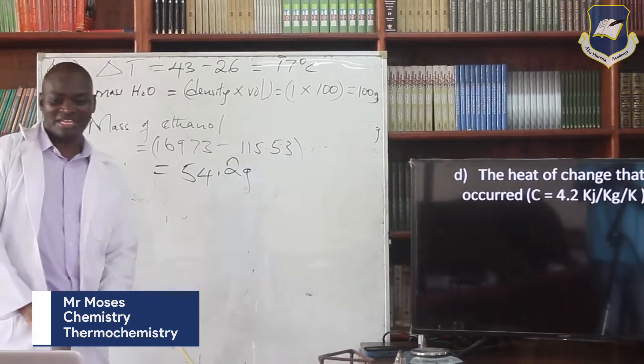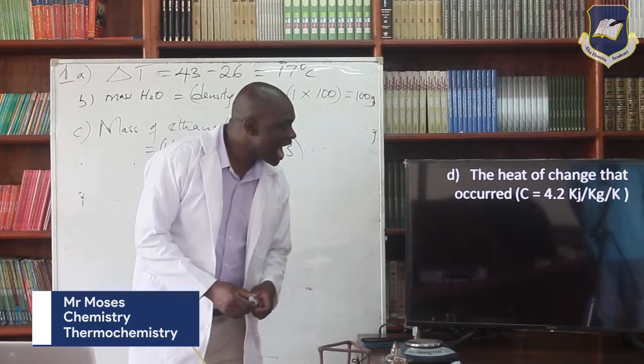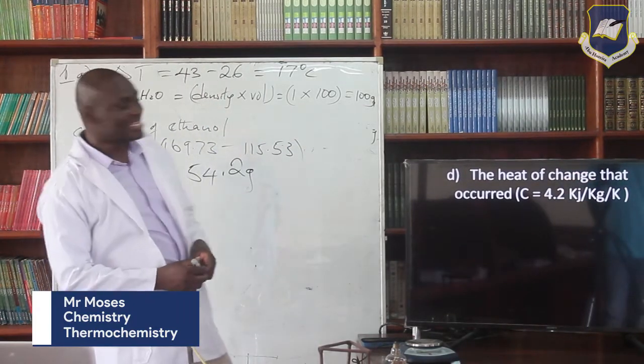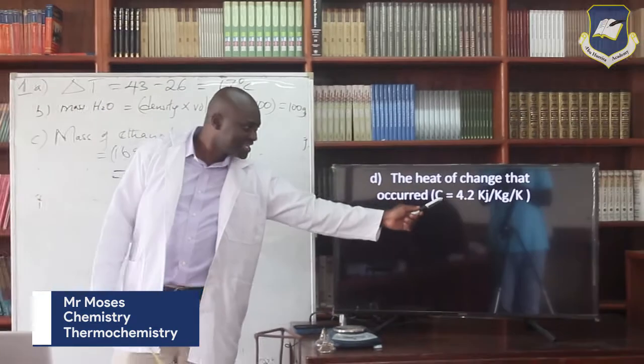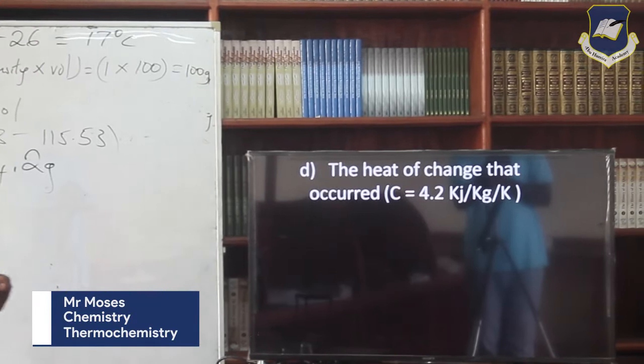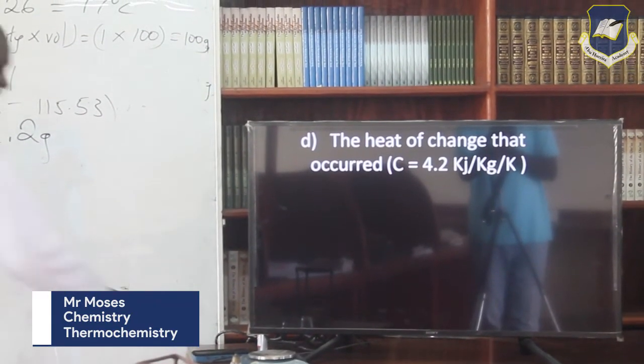Now the next thing we are asked is to calculate the heat change that occurred given the specific heat capacity. This capital C stands for specific heat capacity, to be 4.2 kilojoules per kilogram per Kelvin.